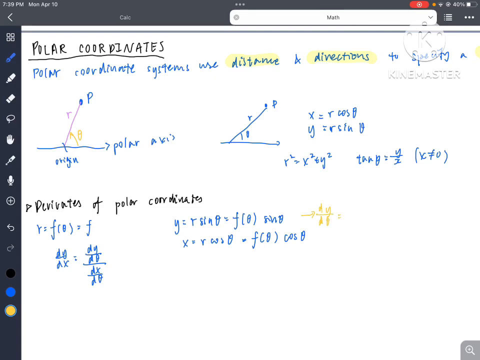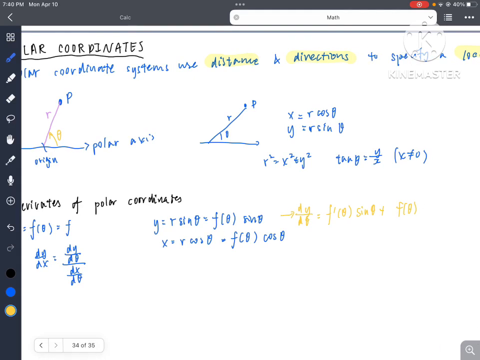So if we want to find their first derivative, dy over d theta is equal to, we can just use the product rule. So f of theta times sine theta plus f of theta cosine theta. Dx over d theta is f prime of theta cosine theta plus f of theta sine theta, and this is negative. It's actually negative, so let's just change this to a negative sign.